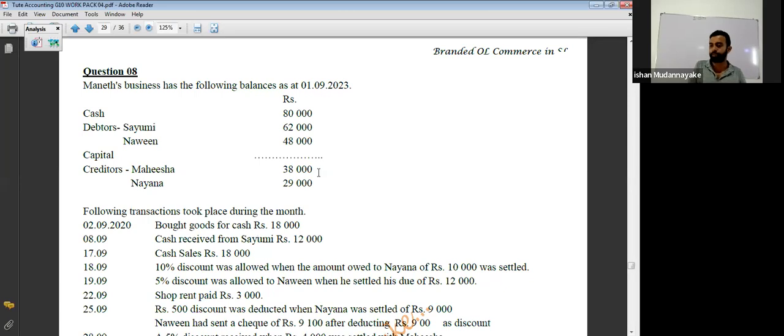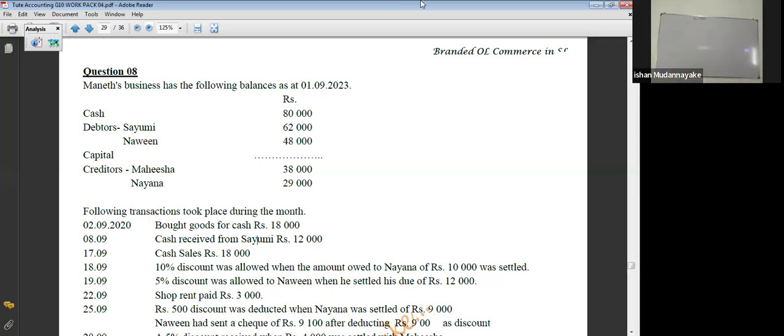Then transfer that amount to the capital account and prepare the cash book, ledger accounts, as well.